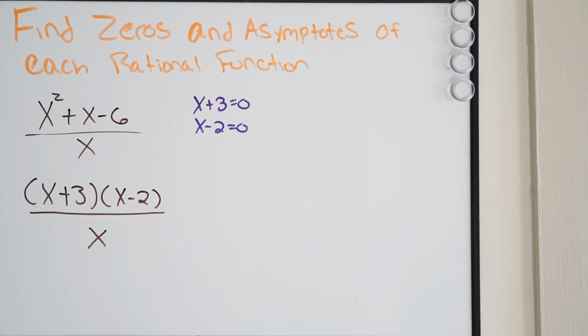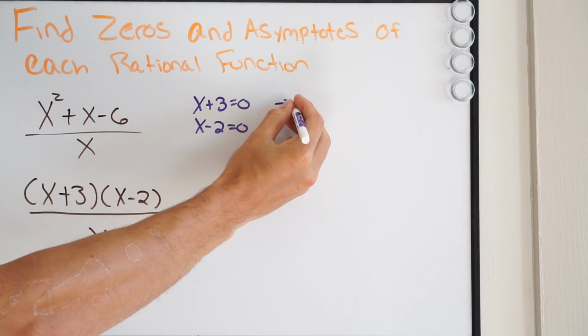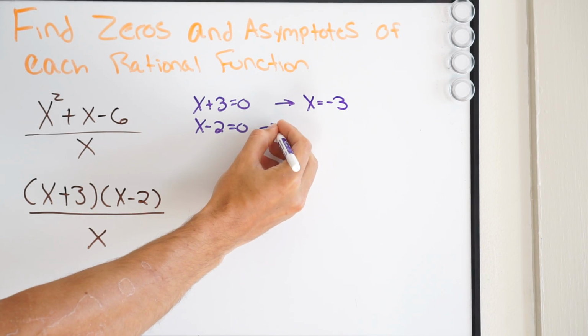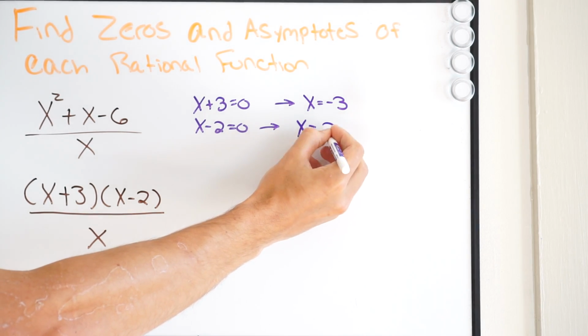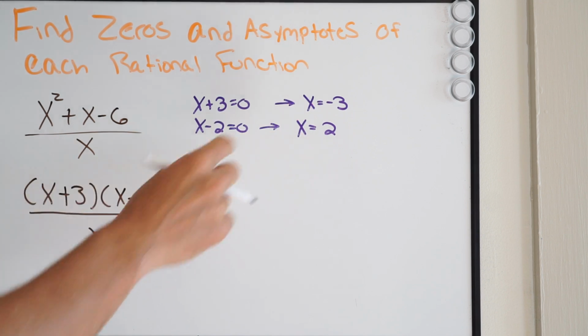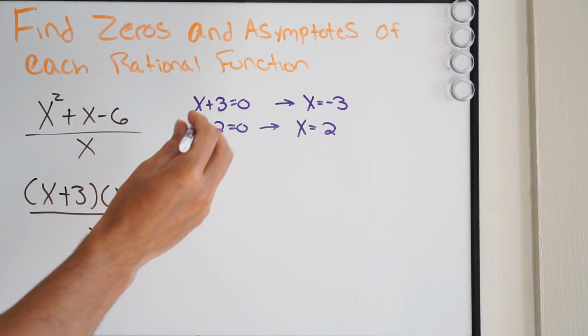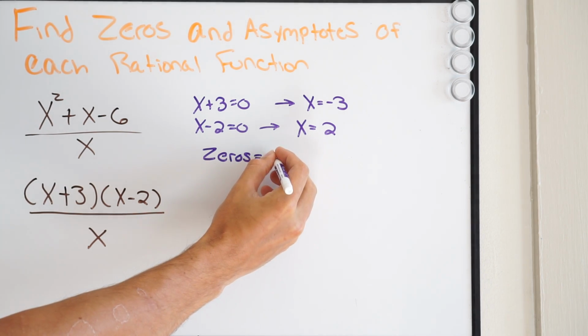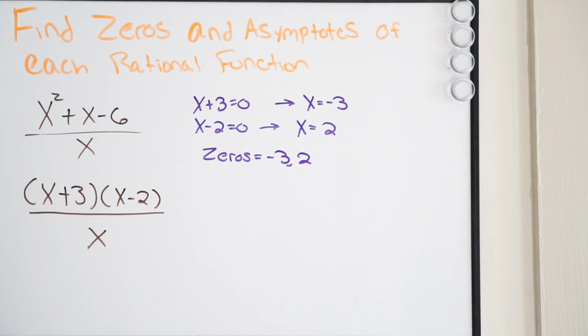When I solve both of these, I get x equals negative 3 and x equals 2. So my zeros are at x equals negative 3 and 2. Again, this is where it's crossing the x-axis. Now we just have to find the asymptotes.